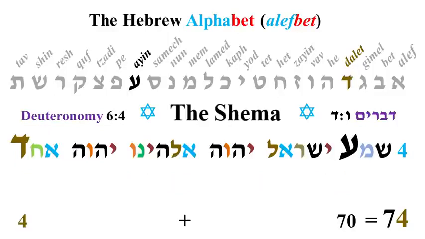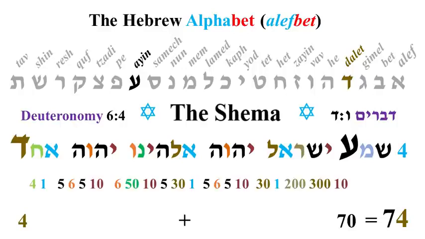If you take the value of those two enlarged letters, the Ayin is 70, the Dalet is 4, and together they add up to 74. If you add up all the letters' gematria between the Aleph, the Ayin and the Dalet, all of those add up to 704, which is 70 and 4, the values of Ayin and Dalet.